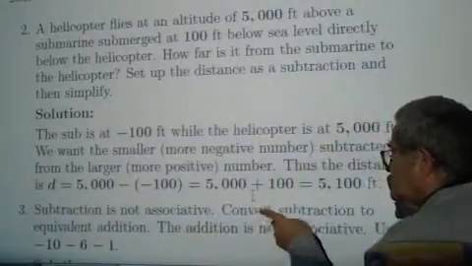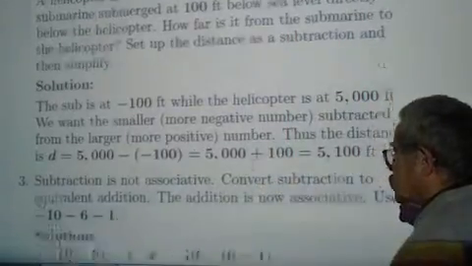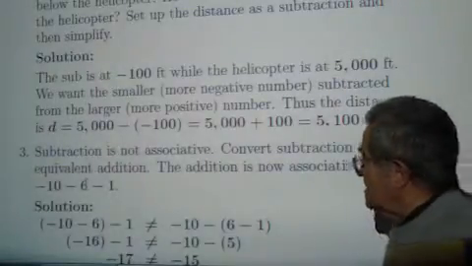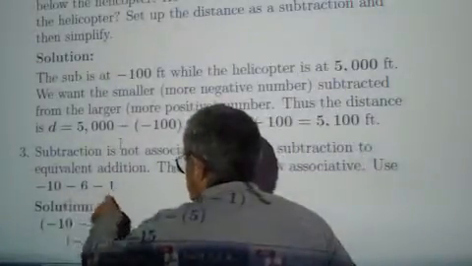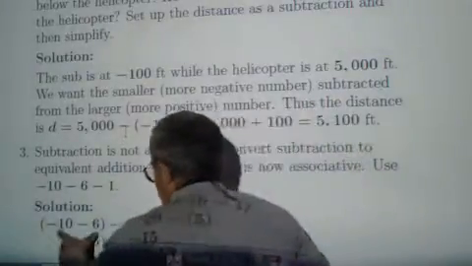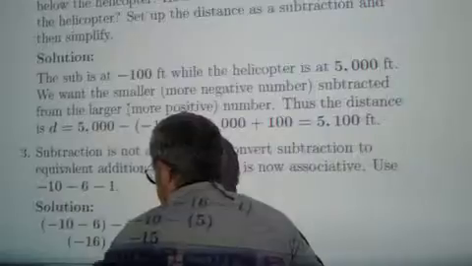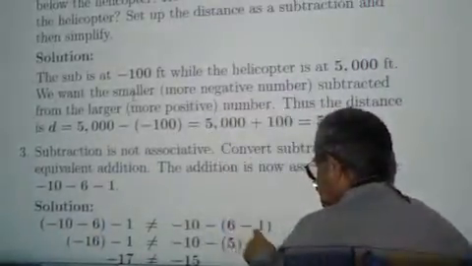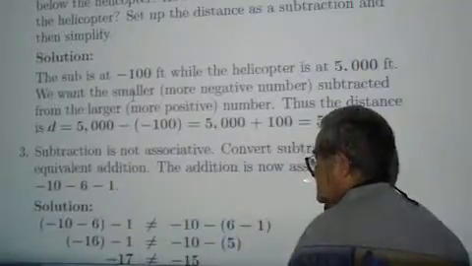And then we wanted to show, I guess, that subtraction is not associative. Remember associative? You associate with somebody. So I got the negative 10, negative 6, negative 1. There's no commuting involved. You draw parentheses around negative 6, negative 10. Negative 6 is associated with negative 10. Or 6 is associated with negative 1.